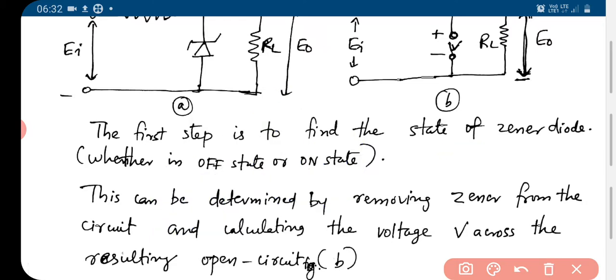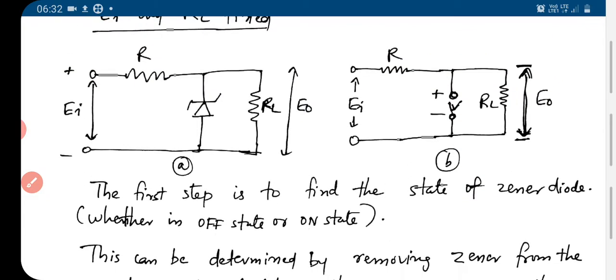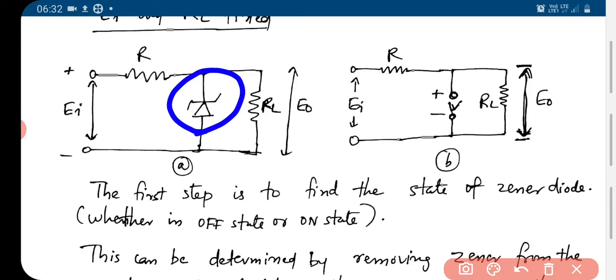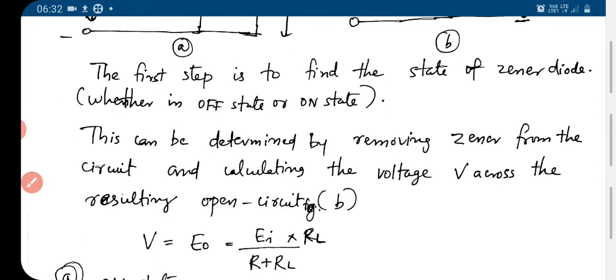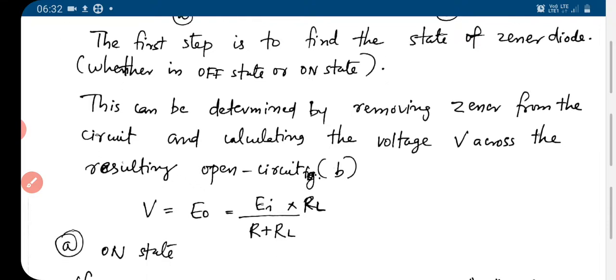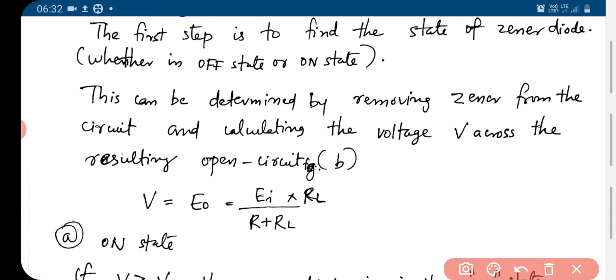So we have to check whether the Zener that we are using in the circuit is in the on state or in the off state. This can be determined by removing the Zener from the circuit.